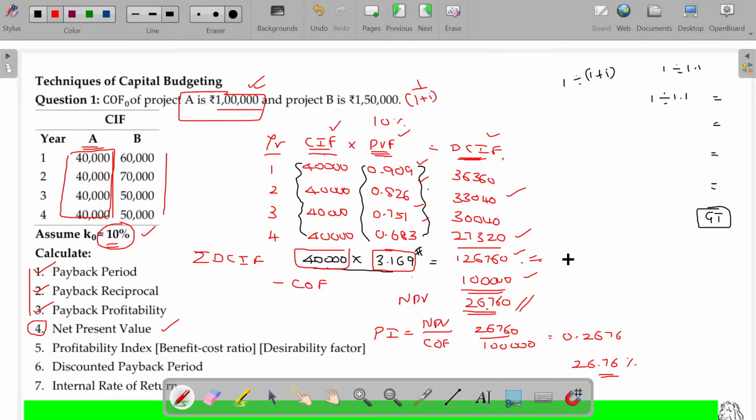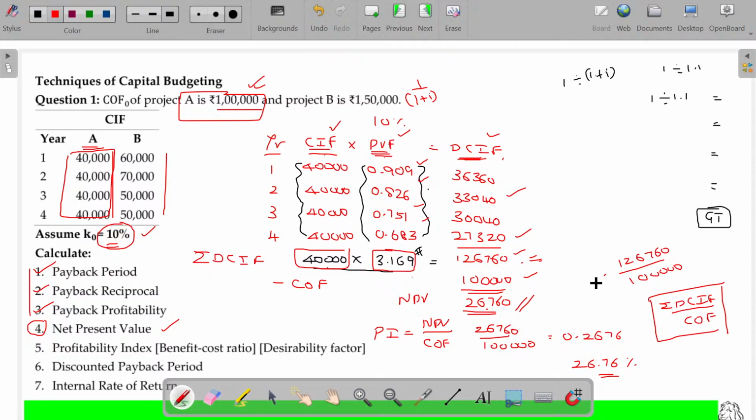One more method we have. Rather than NPV, sometimes we take the summation of discounted cash inflow by cash outflow. That method also you can consider. If you go for this one, 1,26,760 is your overall discounted cash inflow for an overall cash outflow of 1 lakh rupees.